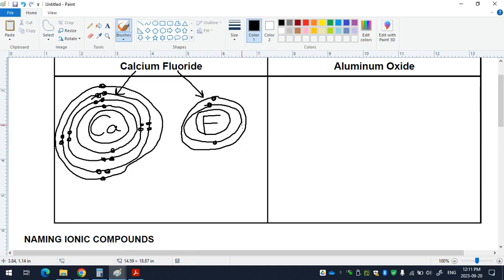Here's 1, 2, 3, 4, 5, 6, 7. Let me just finish this one. That's it. What's 2 plus 7? 9. So we finished it. Now, can you tell me what should this one do? By the way, it has 2 electrons on the last circle.